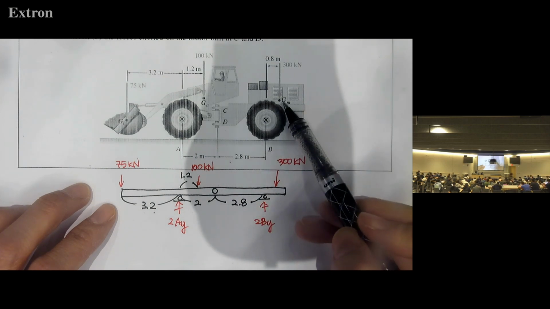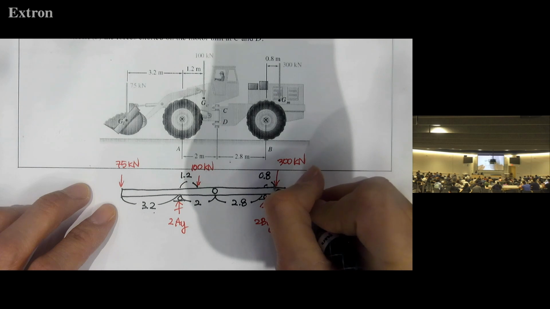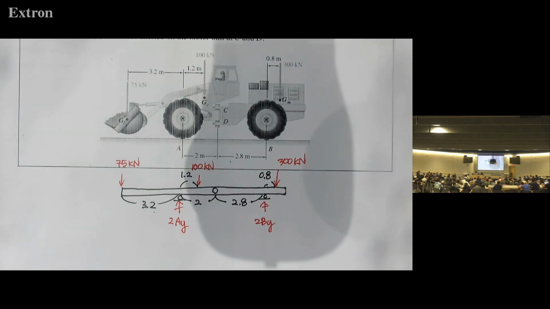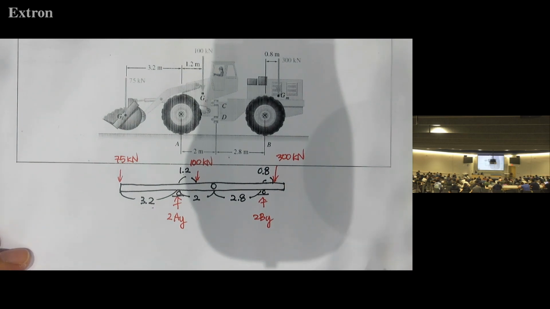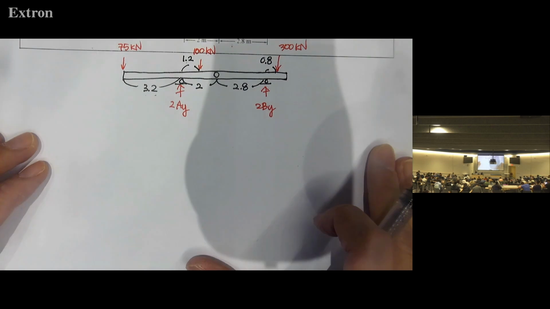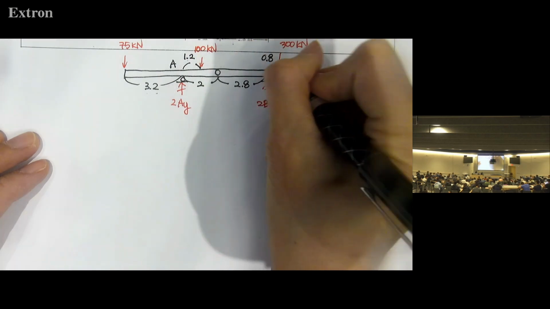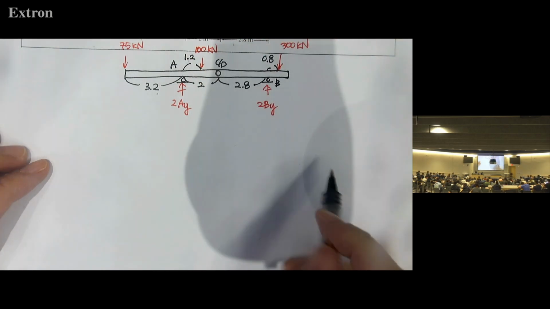And between B and G sub M, 0.8. Okay, now let's not think about the original plot and just use this. This is A, this is B, and this is C and D, right?